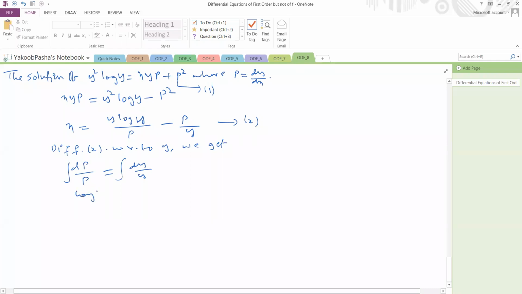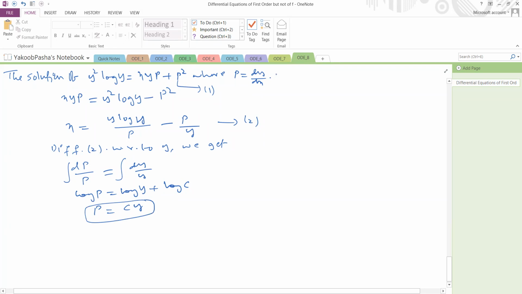So we get log p is equal to log y plus arbitrary constant log c. That is p is equal to cy. Substitute this value in equation number 1.